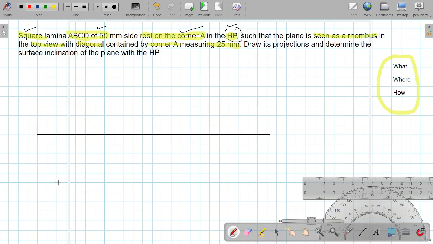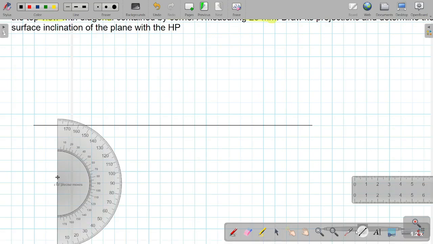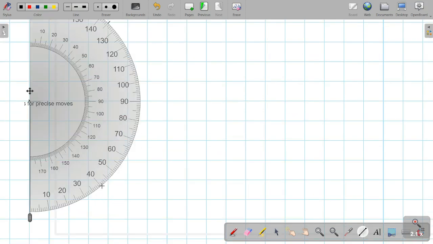Let us say I am taking this point. Now from this point you have to measure 45 degrees. We have to measure 45 degrees on both sides. So here 45 is this one. Similarly 45 on this side.